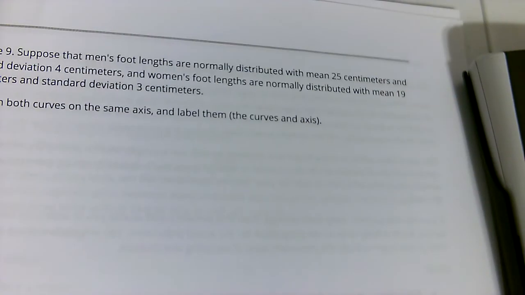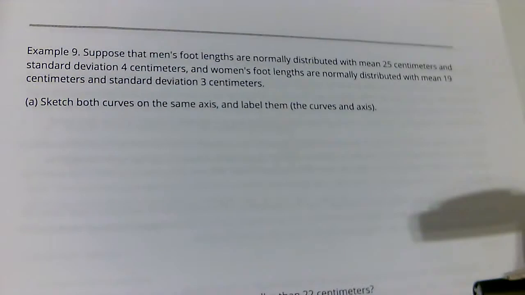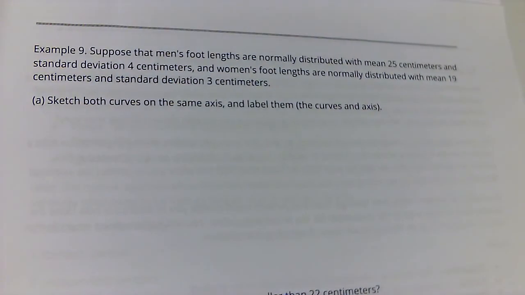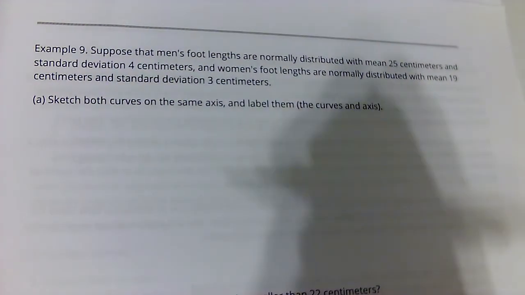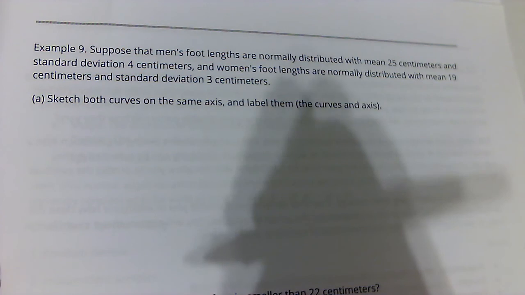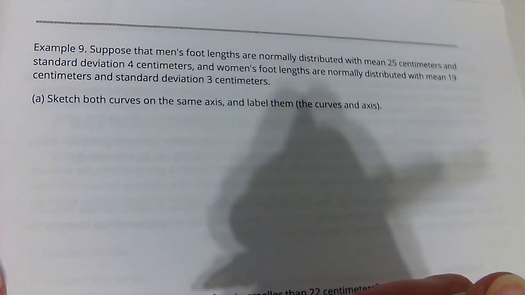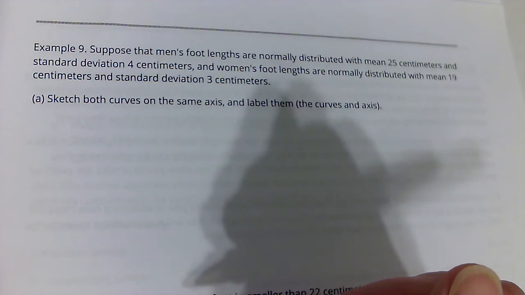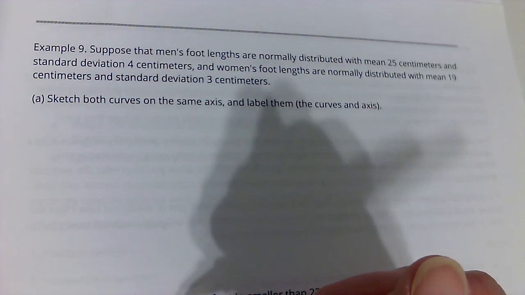Next, let's suppose that men's foot lengths are normally distributed with a mean of 25 centimeters and a standard deviation of 4, and women's are normally distributed with a mean of 19 and a standard deviation of 3. Sketch both curves on the same axis and label them.